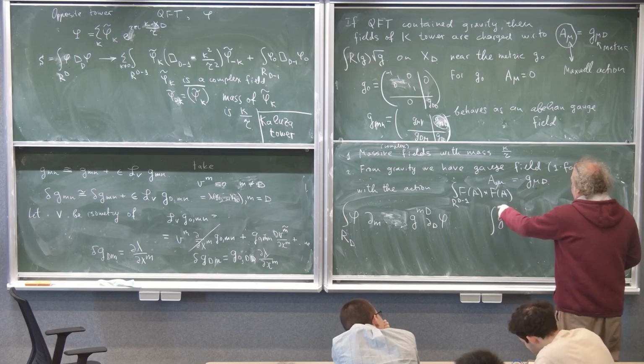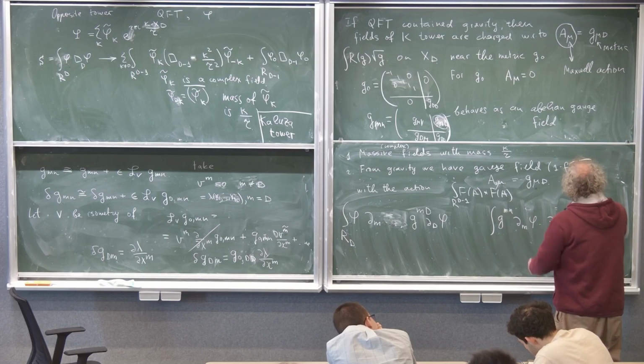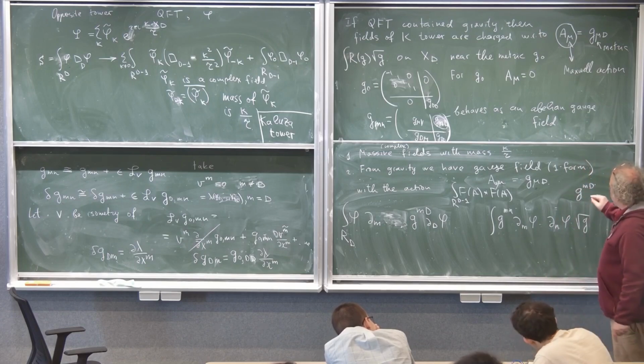So this is the Laplacian. And now I'm trying to extract out of this g^mn the g^mu d.